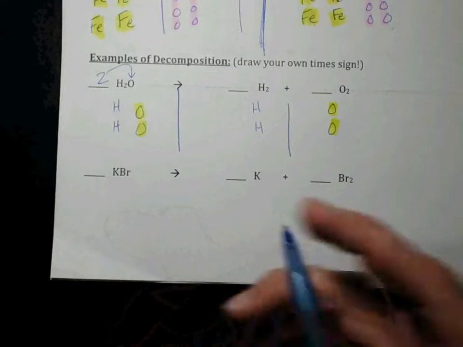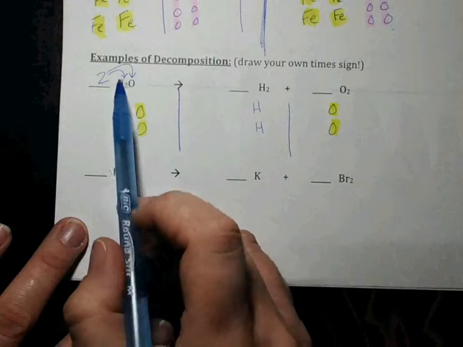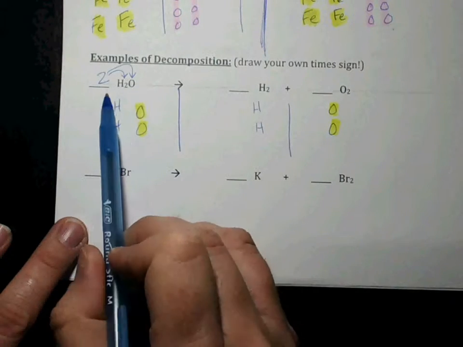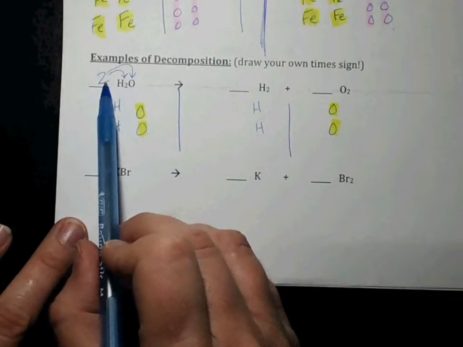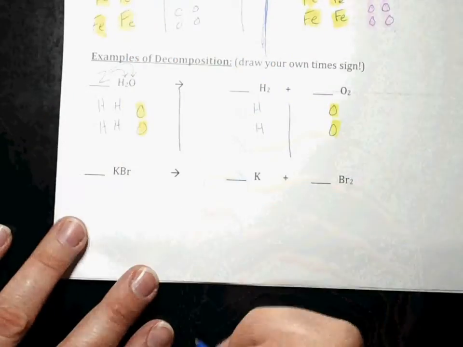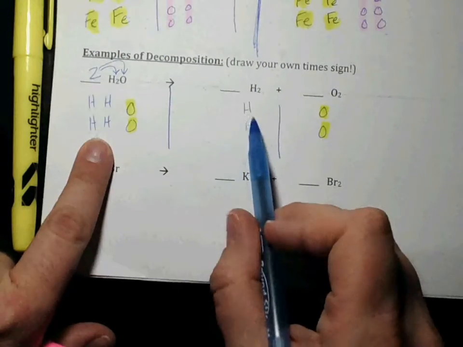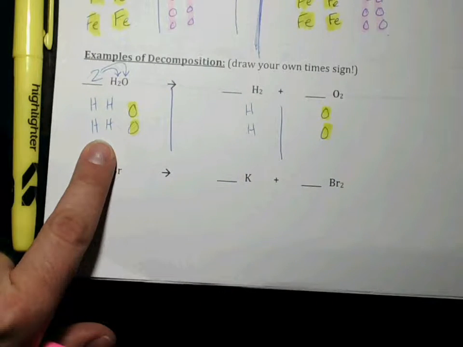The thing you have to look out for is that this 2 also distributes to the hydrogen. Now there are no longer just 2 hydrogens. Having a coefficient of 2 means that this 2 and this 2 get multiplied. 2 times 2 is 4, and you end up with 4 hydrogens here. And these 4 hydrogens don't match the 2 hydrogens that are on the product side.